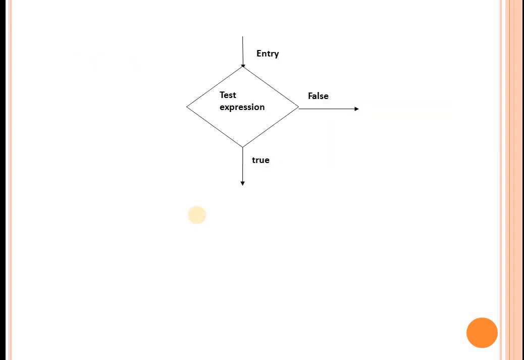So here is a pictorial representation of a simple if statement. Here in this decision box we are going to give the condition which is to be evaluated. If this condition is true, then we will follow the true part. For simple if, there is no false part.